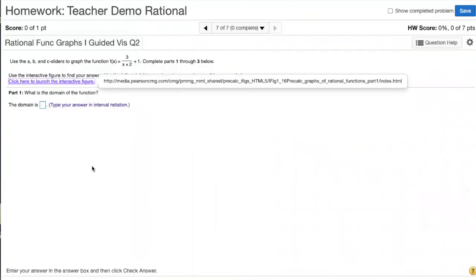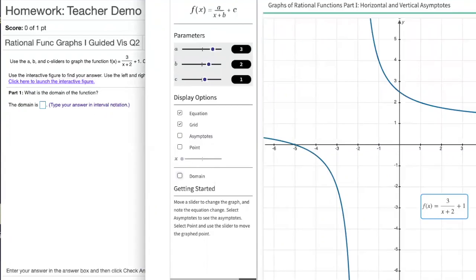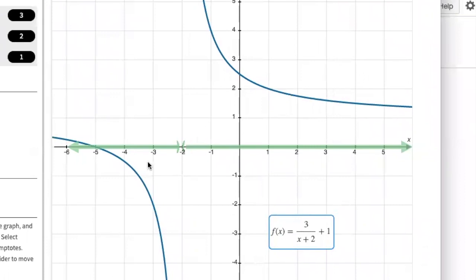So going back to the question, the first thing we're asked is for the domain. Well, this time we've got the graph to work from, which is very helpful. And in the interactive environment, you have a domain checkbox. You can see that what they did is indicate that the domain should include everything headed out to negative infinity until you get to negative 2, round bracket.